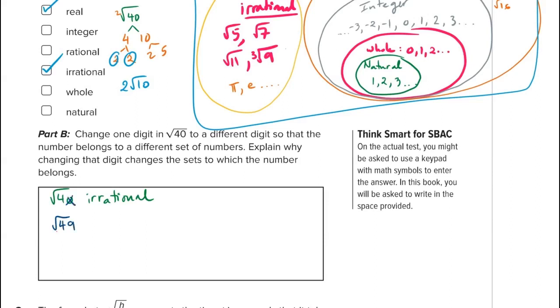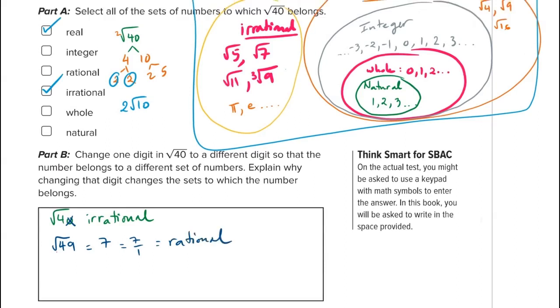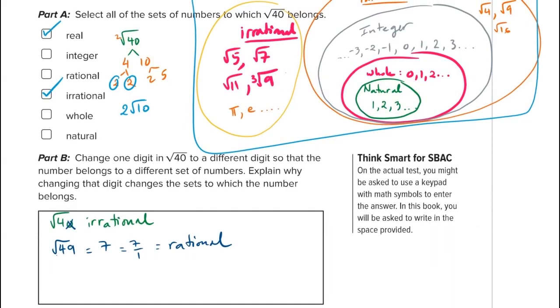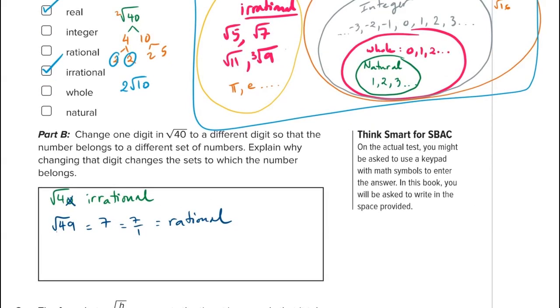So that turns into square root of 49, which is 7. 7 can be written as a fraction, 7 over 1, so this is a rational number. It's also an integer. And it's also positive, so it's a whole number, and also a natural number.